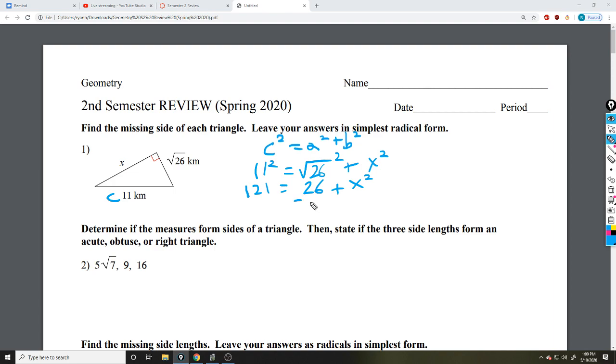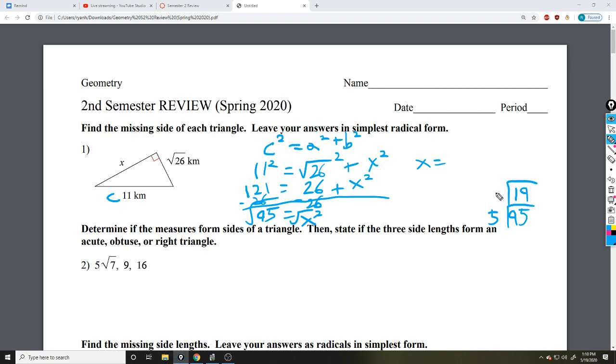So we're going to subtract from both sides. There we go. Nailed it. 95 equals x squared. So we're going to take the square root of both sides. And let's make sure that, because it asks for simplest radical form, we need to see if the square root can be simplified. 95, we're going to divide it by 5. That's 19.